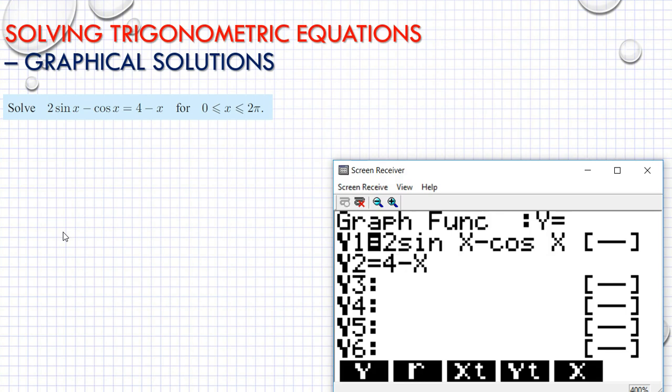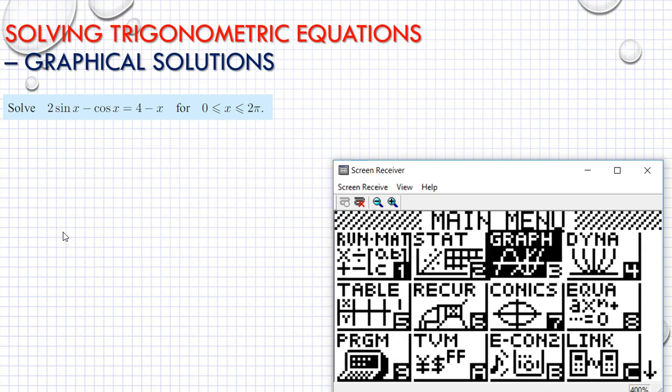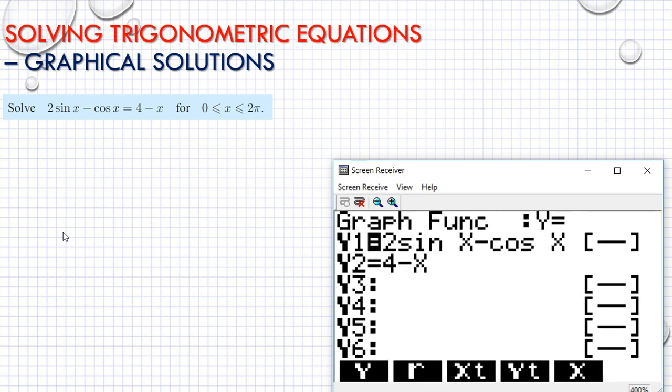Before I came to this part of the calculator, you push the menu button, choose the graph, and then type the equation that you have.